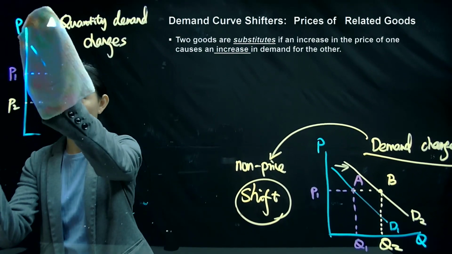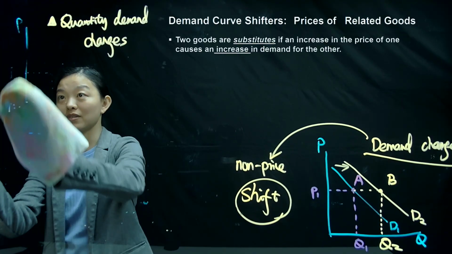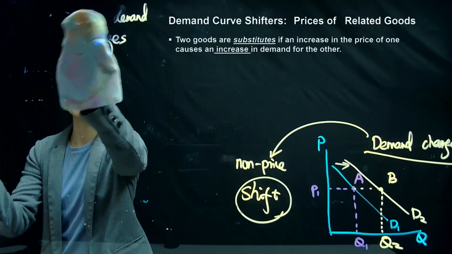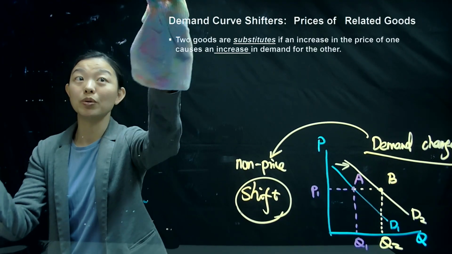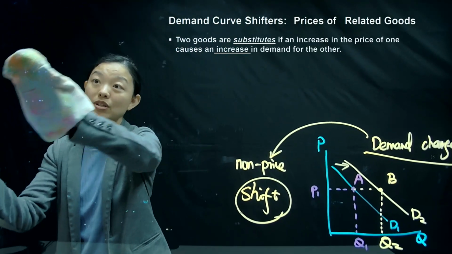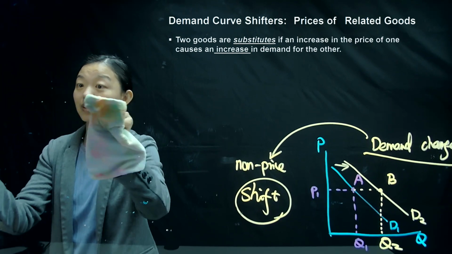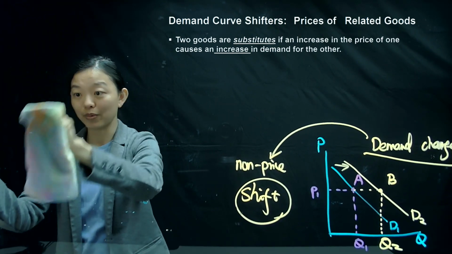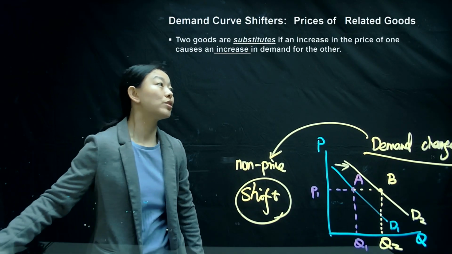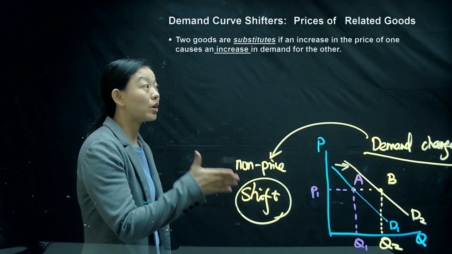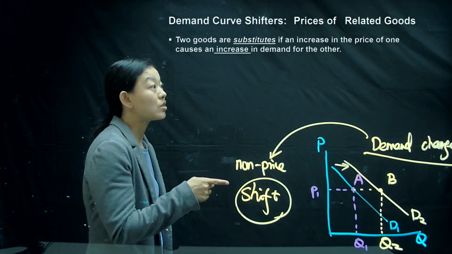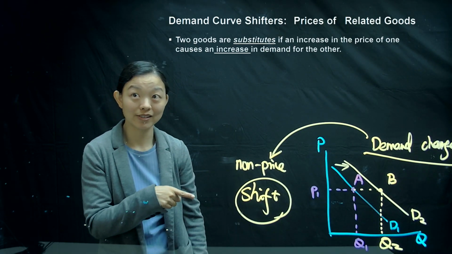So substitutes are products that might be very similar to the one that you would like to purchase. But in economics, we say two goods are substitutes if an increase in the price of one good causes an increase in the demand for another.